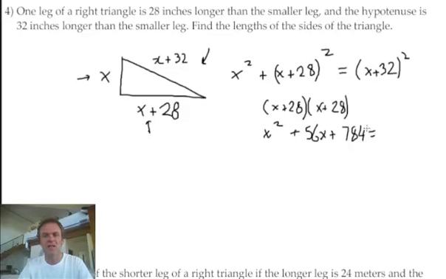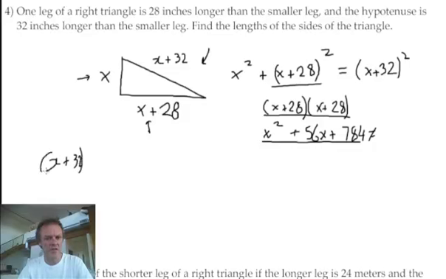Okay. I shouldn't put the equals yet, I've not got enough room here. Let's have a look at this. I've still got to do the (x plus 32) squared. I'm going to do it over here. X plus 32 with another x plus 32.